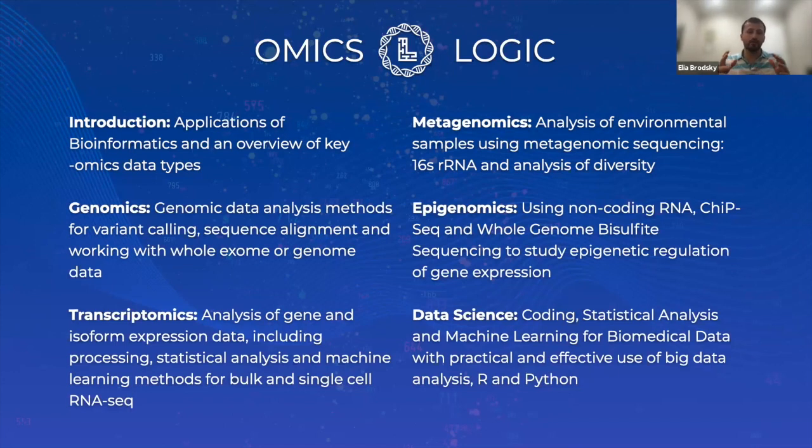So we have an online portal that is called OmicsLogic. So you can all take a look at the portal right now. It's learn.omicslogic.com. And what this portal offers is a series of coursework.